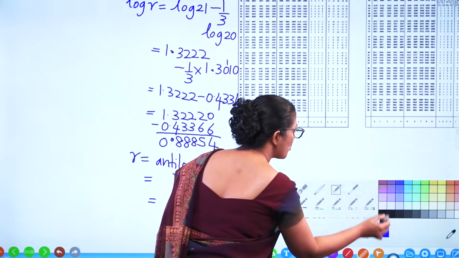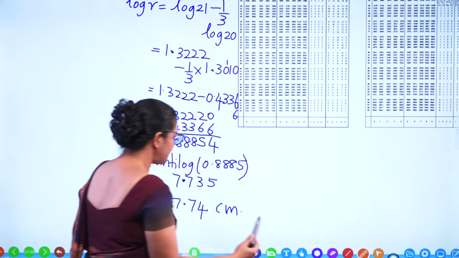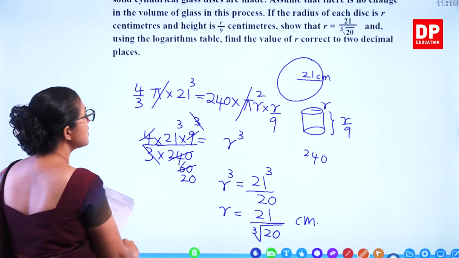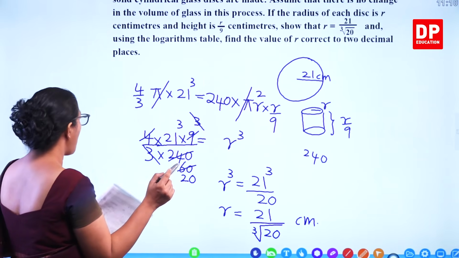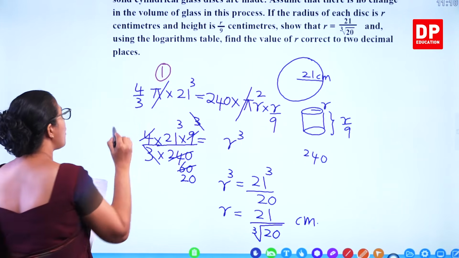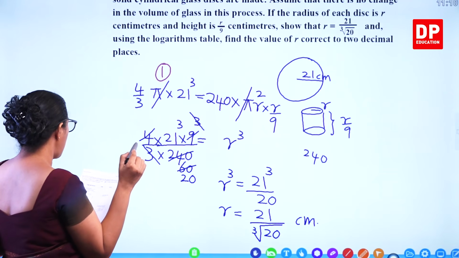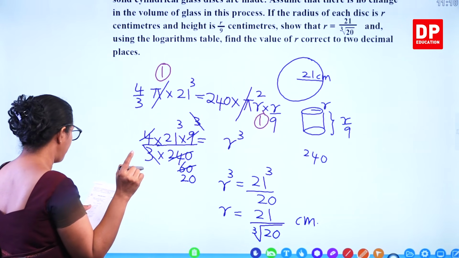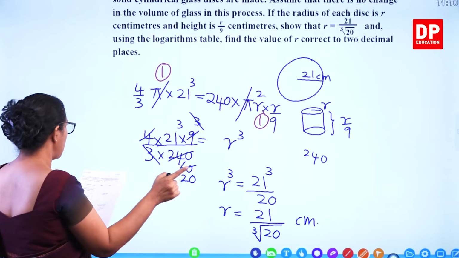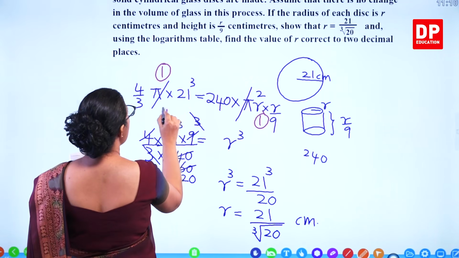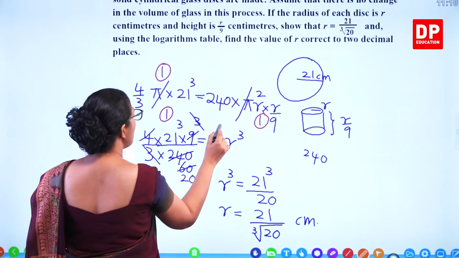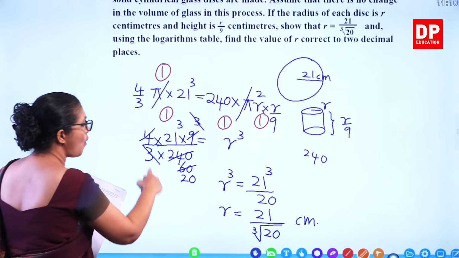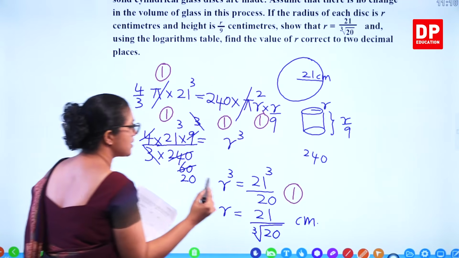Now we'll see how you get marks. So the previous part, you get 1 mark to identify the volume of the sphere and 1 mark for the volume of the cylinder, and equating these two you are getting another 1 mark, and multiplying this by 240, then 1 mark for this part.